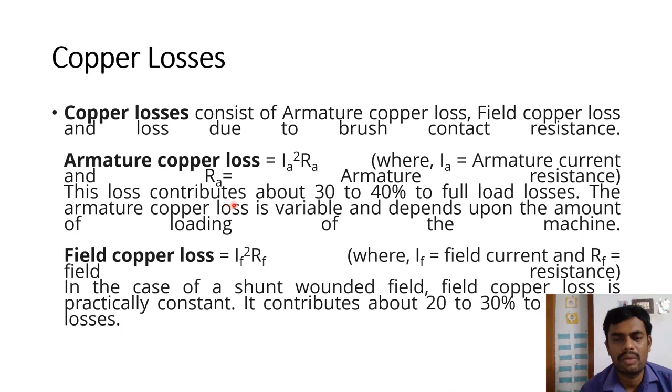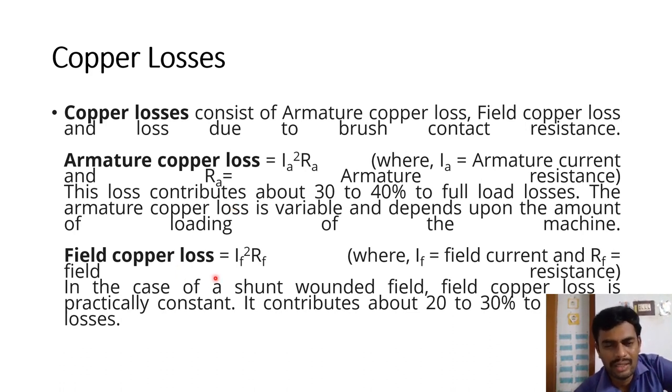This loss contributes about 30 to 40% of full load losses. The armature copper losses are also called variable losses and depend upon the amount of loading on the machine.